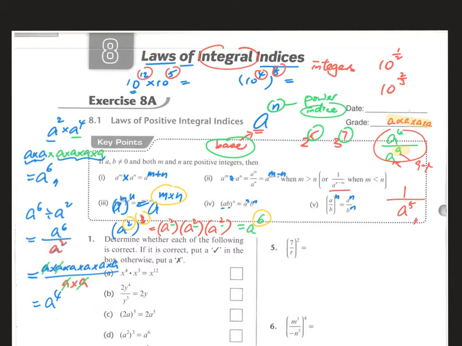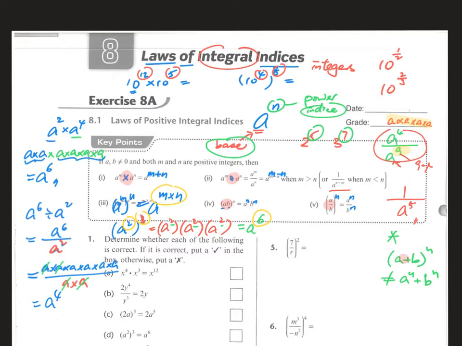But the only very big remark is, when you have a plus b to the power n, it's definitely not a to the power n plus b to the power n. If you pay attention, you will see that the rules here are applied in multiplication and division. So the laws of indices are not applied when you have addition.